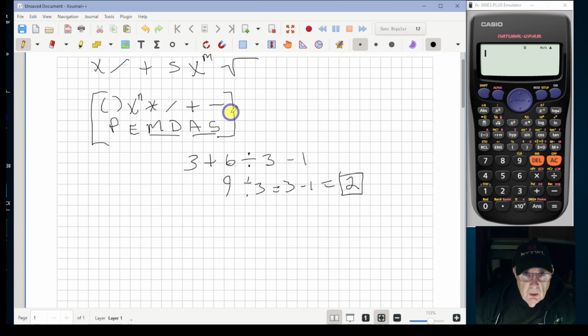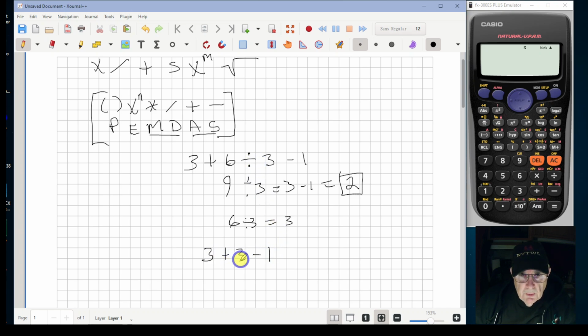All right, let's do it in order of PEMDAS here. This says do the division first. So I'm going to take the 6 divided by the 3, and that's going to give me 3. So I now have 3 plus 3 minus 1. So this operation right here has been done, and it reduces to 3.